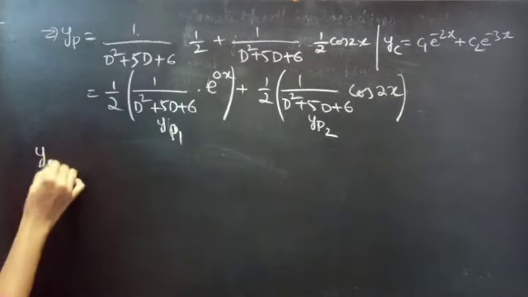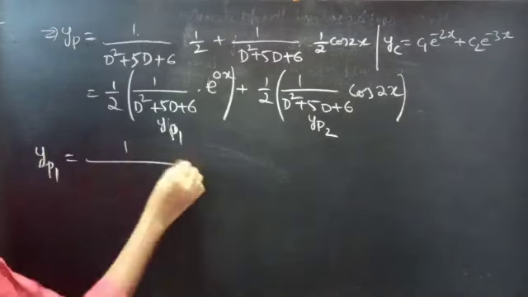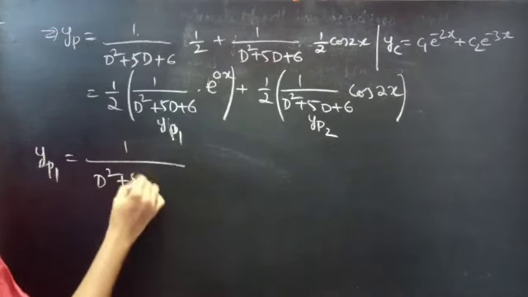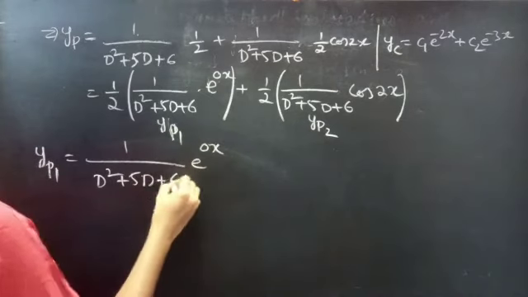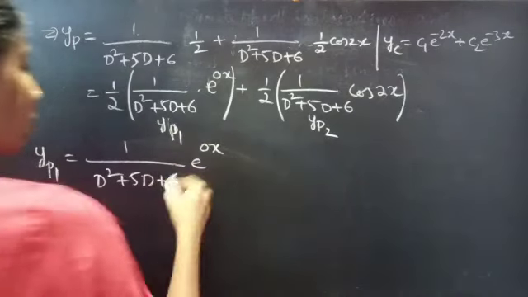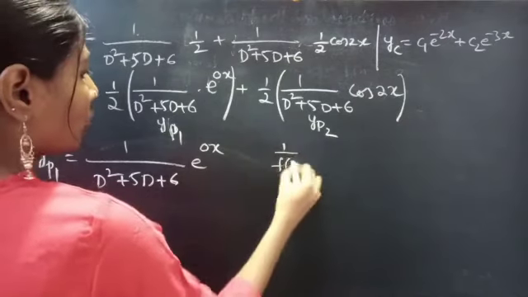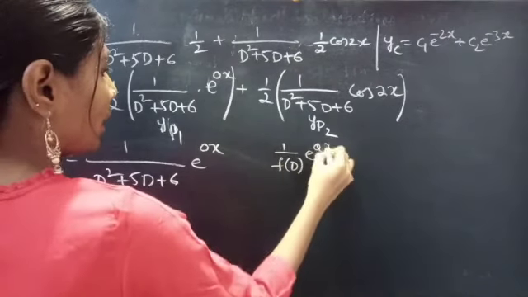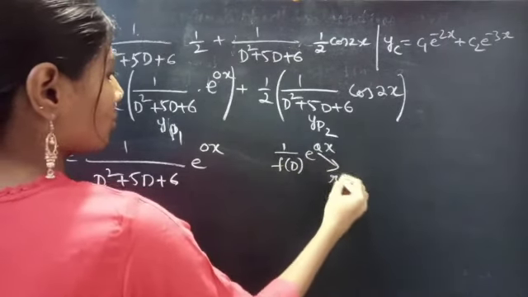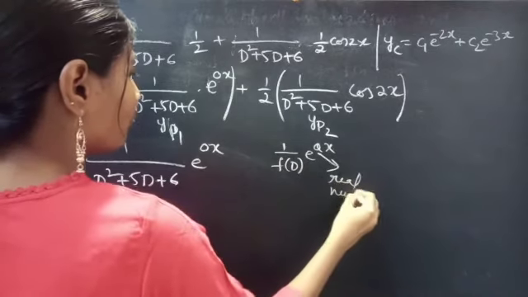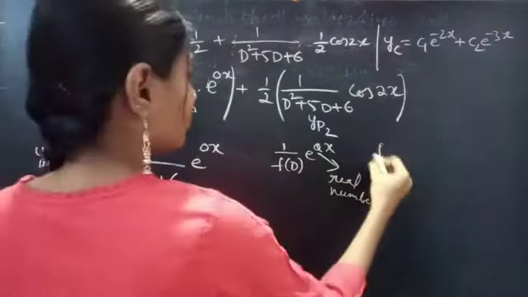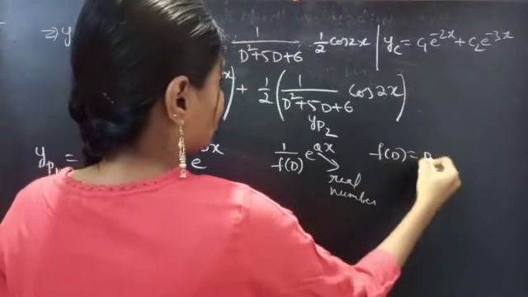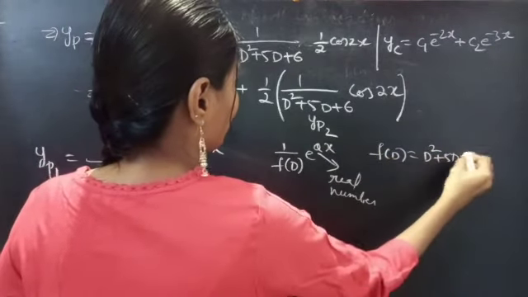Let's find yp1 firstly, which equals 1 by D square plus 5D plus 6 into e power 0x. This is in the 1 by f of D into e power ax form, where a is a real number. And we have f of D equals D square plus 5D plus 6.